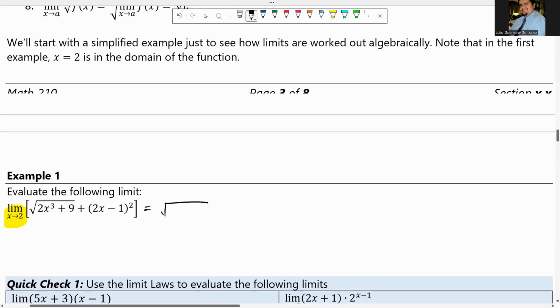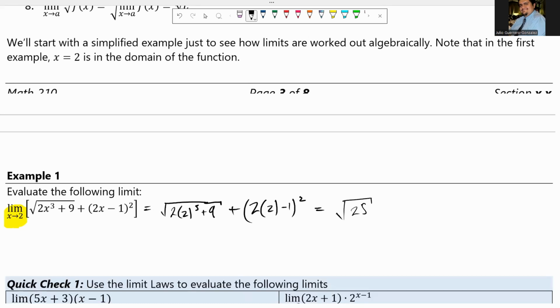So it's going to be the square root of 2 cubed plus 9, and that square root, plus 2 times 2 minus 1, all of that squared. And if you compute this out, you're going to get something along the lines of the square root of 25, plus 9, 14. Bam.